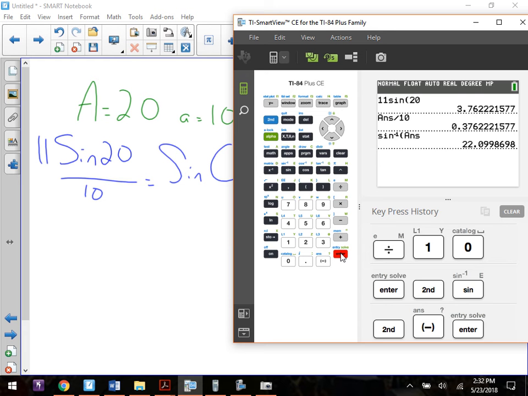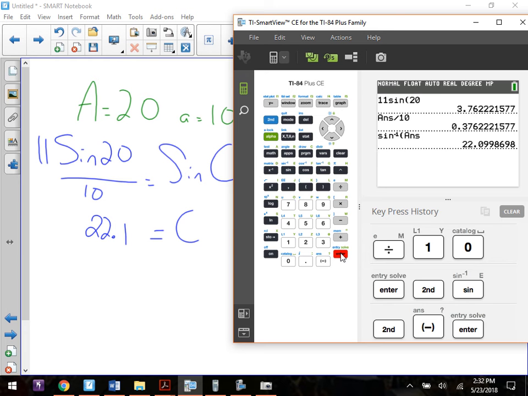So what this is telling me is that angle C could equal 22.1. Now, the trick that we did here was that we would automatically check this angle's supplement.